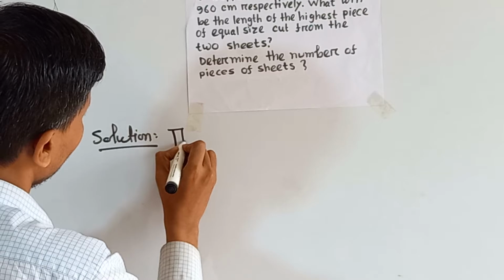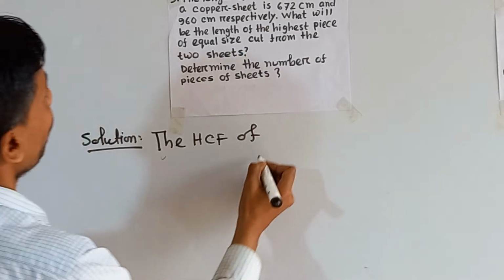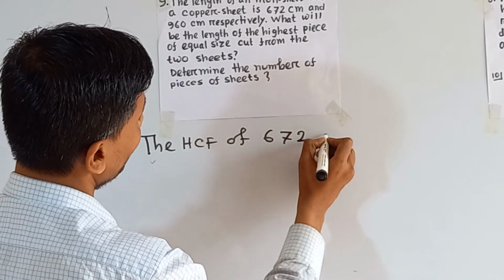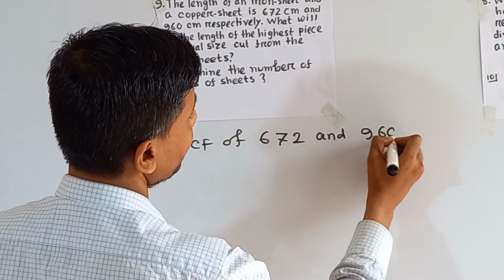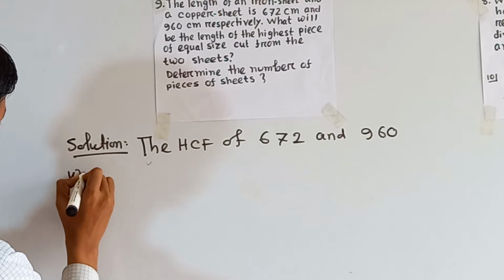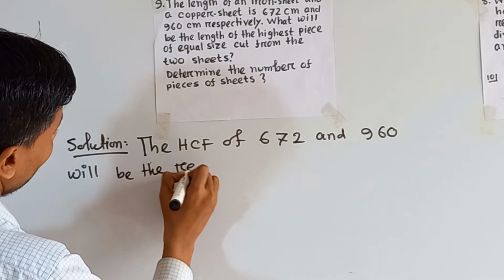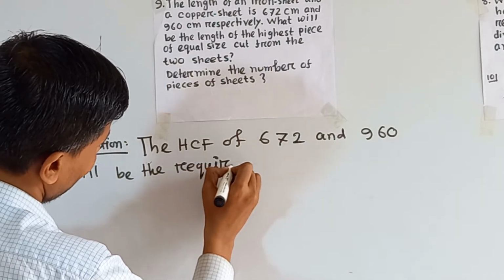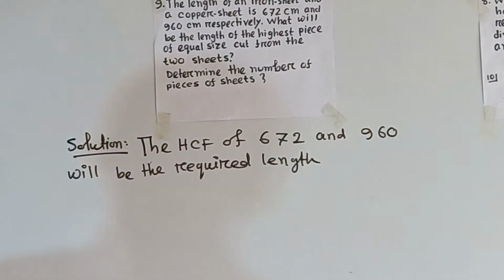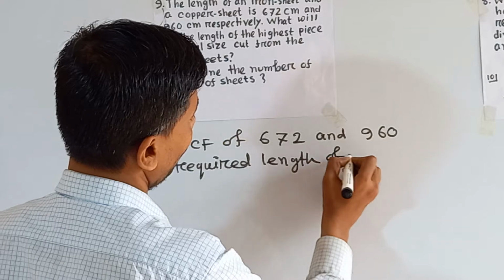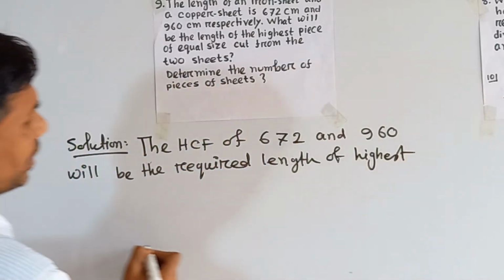Write the HCF of 672 and 960 will be the required length of the highest piece.